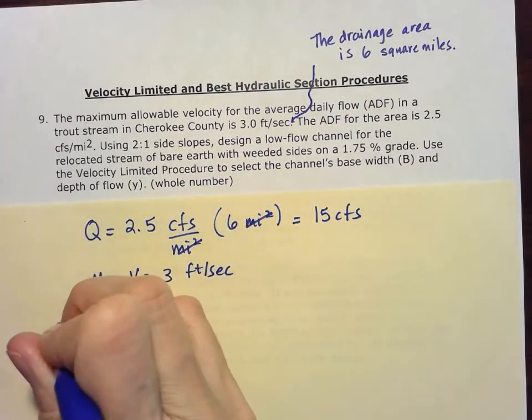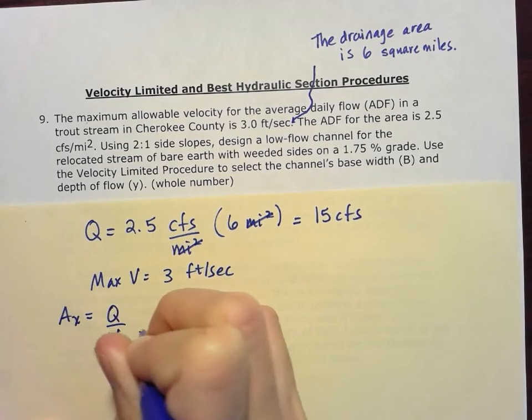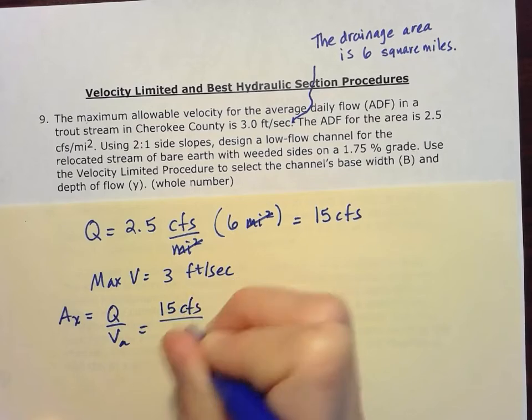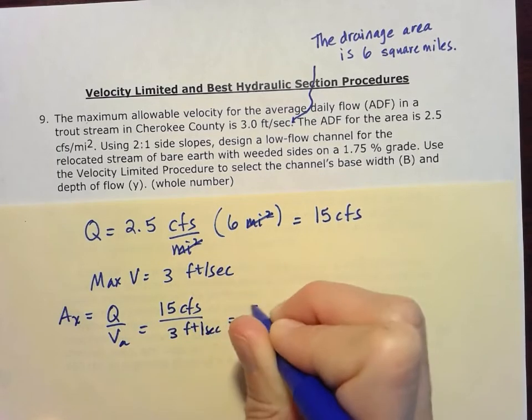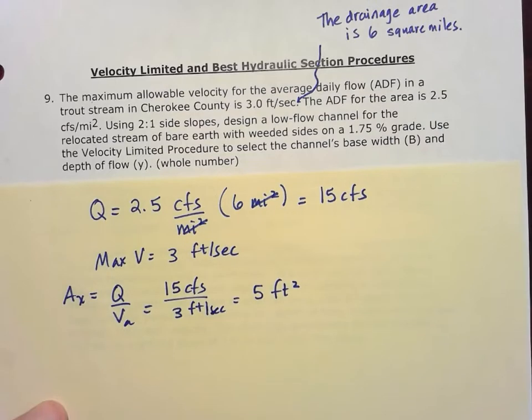First things first, we'll find that area, just take the Q over the allowable velocity, and in this case, as we just solved for, 15 CFS over that 3 feet per second, and we do get 5 square feet for the area. Now let's find that W1 factor.